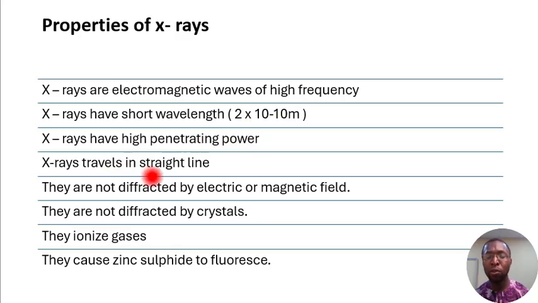Now they also travel in a straight line, and they are not deflected by electric or magnetic field. That means they don't have charge. They have no charge. Okay, they are not diffracted by crystals as well, and they ionize gases, and they also cause zinc sulfide to fluoresce. So these are the properties of X-rays.